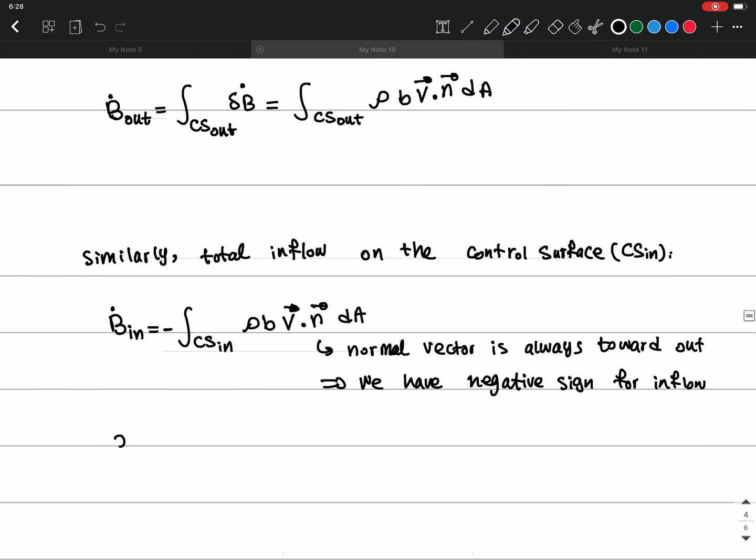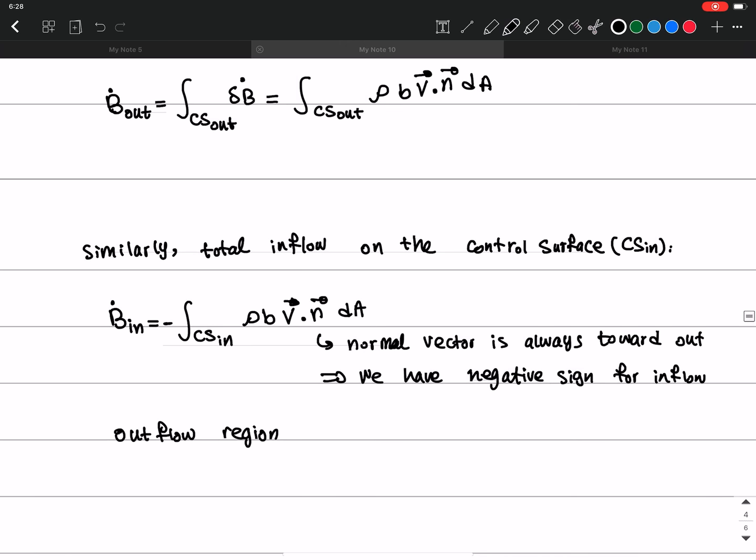So to clarify this, for the outflow region, this is our convention again. For the outflow region, V dot N is positive, as I showed you, because they are parallel to each other.